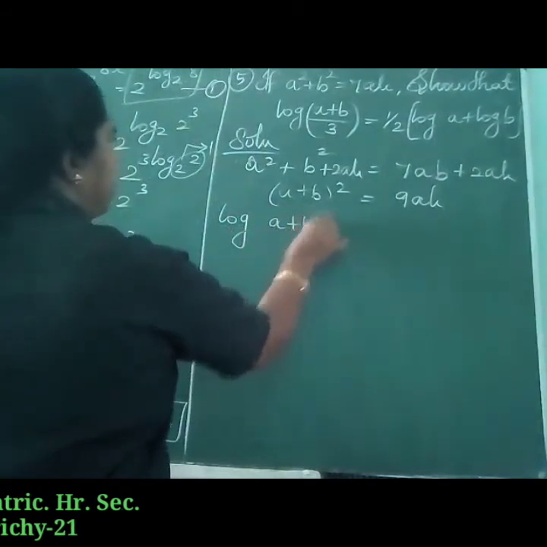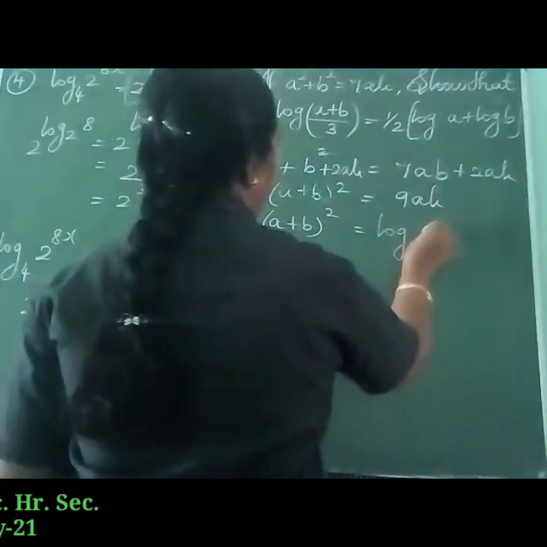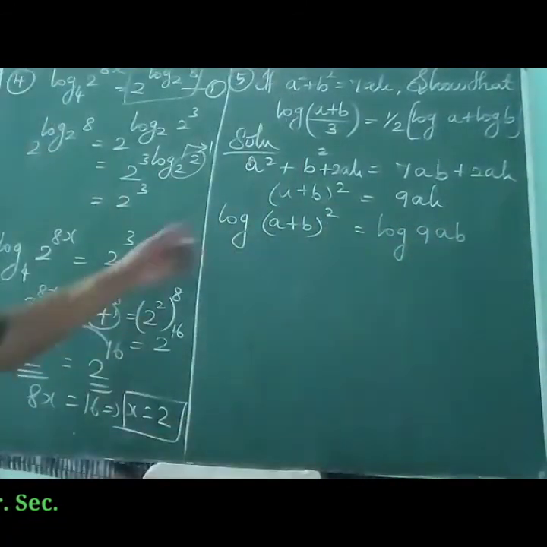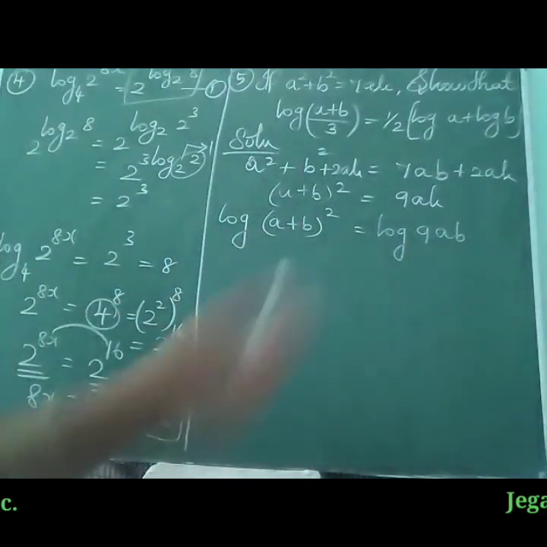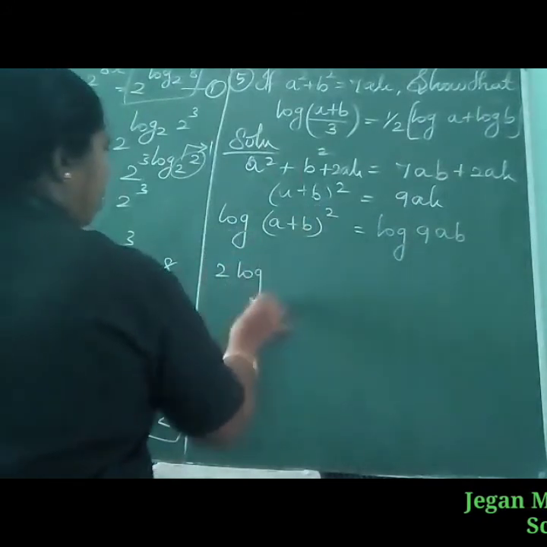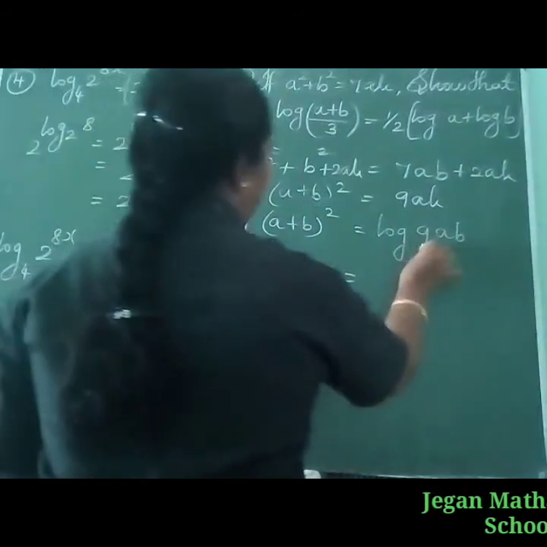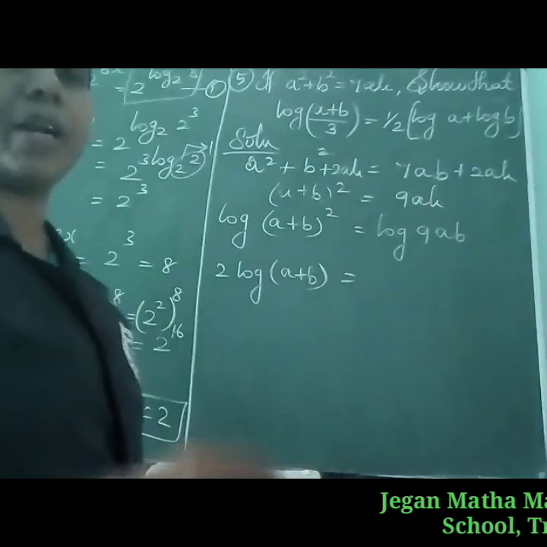Take log on both sides. Log of A plus B the whole square is equal to log of 9AB. Log of A plus B the whole square, that power value we can take first: 2 log A plus B. Right side value 9AB, all the three values are given in product form.